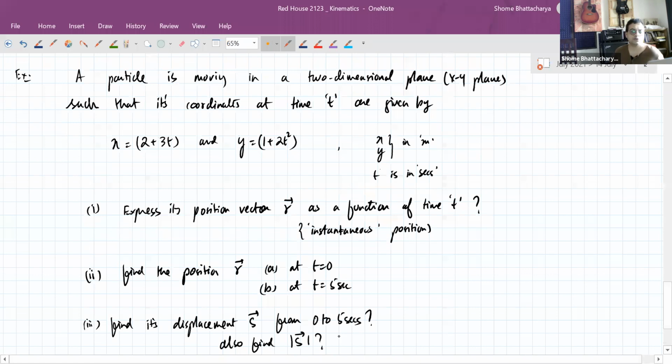So from now on, when we talk about finding the displacement or position or something, it's always going to be a vector quantity. So we'll have to use the unit vector notation, the I cap j cap notation for finding that value. Only when we say find the magnitude of displacement or magnitude of velocity or anything like that, then only we will come back to the scalar notation in terms of mod.